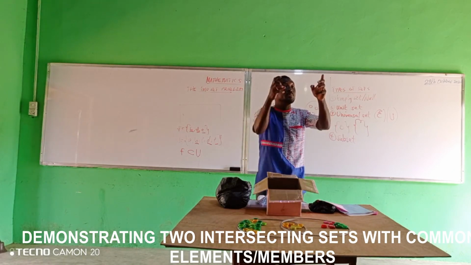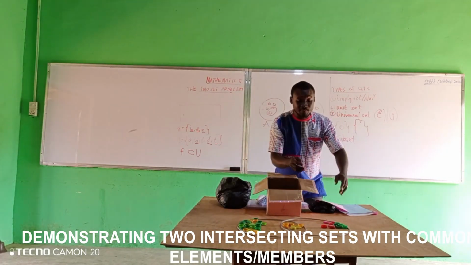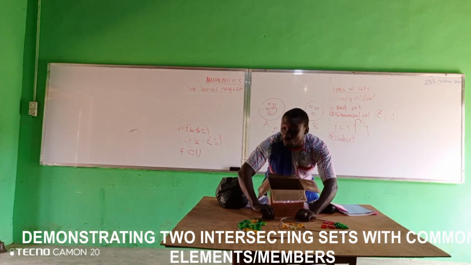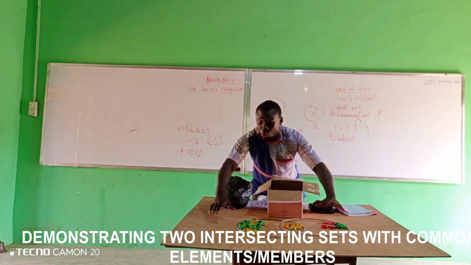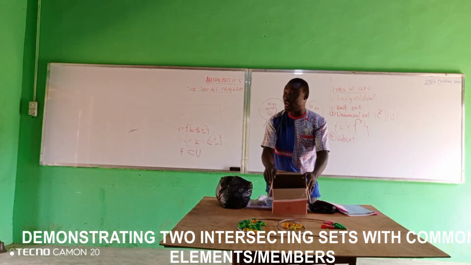That's the reason why we pick only one of the 7. It means the common members are picked only once. Okay, so let's continue with the green one.